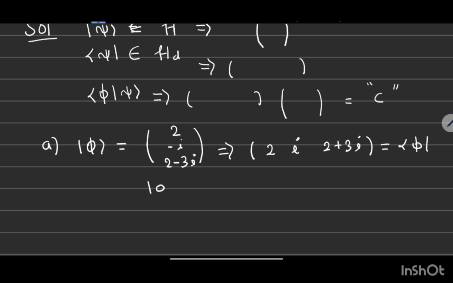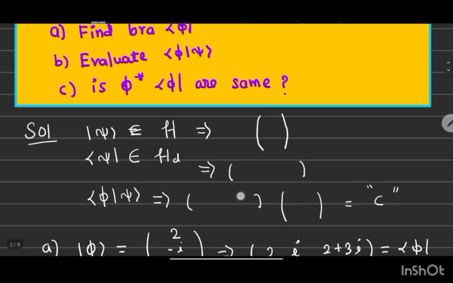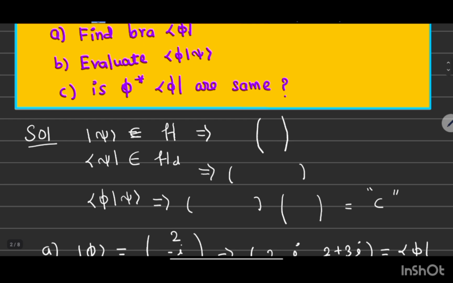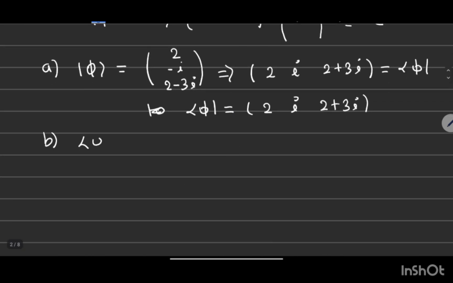So our bra phi is (2i, 2 plus 3i). Okay, now the second question: evaluate the inner product of phi with psi. What is the scalar product of phi with psi?